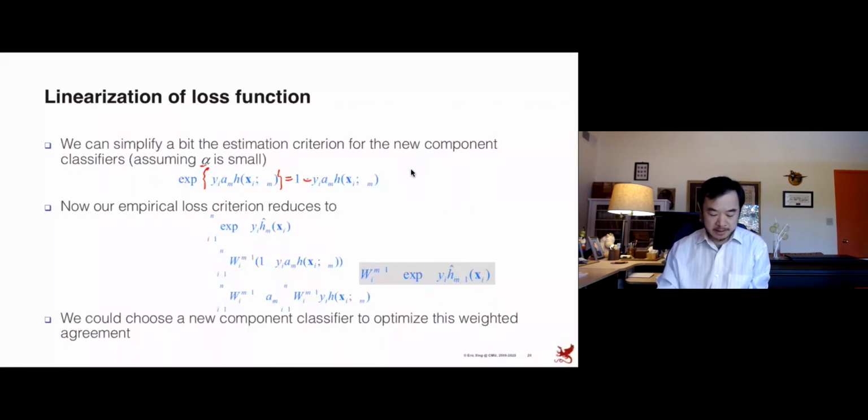Now the loss is turning from exponential loss into a linear loss, which of course is very easy to differentiate, right? And as a result, your empirical loss at this step becomes a little bit more friendly.